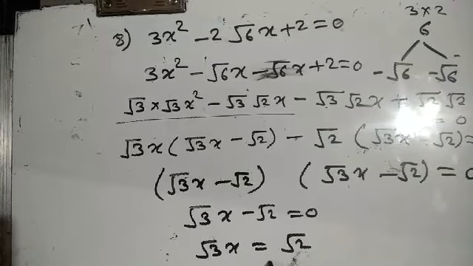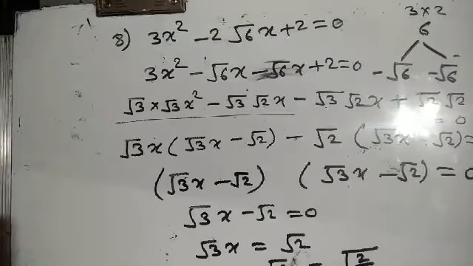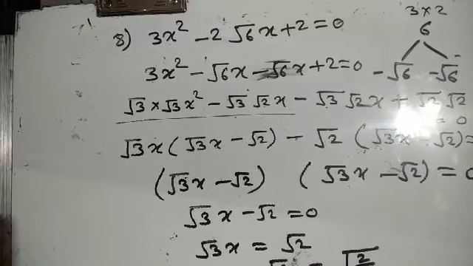And here we can write √3x is equal to √2, and here we can write √2 upon √3, that is √(2/3), and this is the solution of the equation.